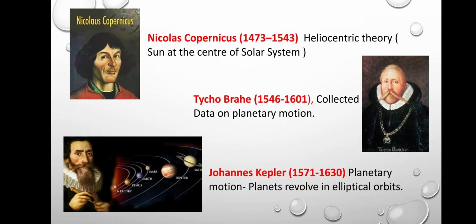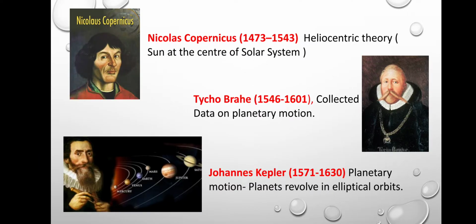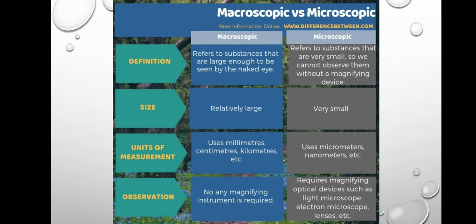This led to the discard of Copernicus's heliocentric theory, which said that the sun is the center of the solar system and the planets revolve in circles. So that was rejected, but it was proved that planets revolve in elliptical orbits, right? So this is something which was proven.